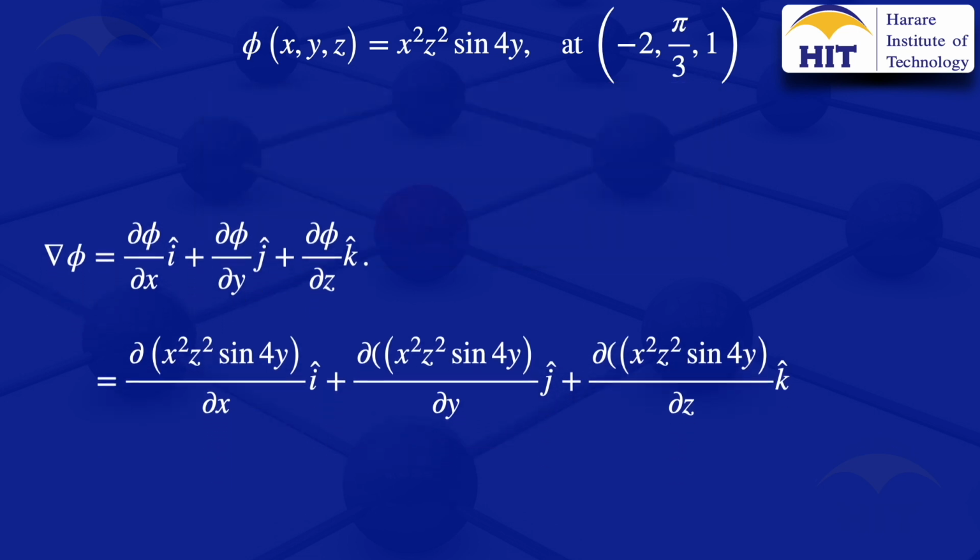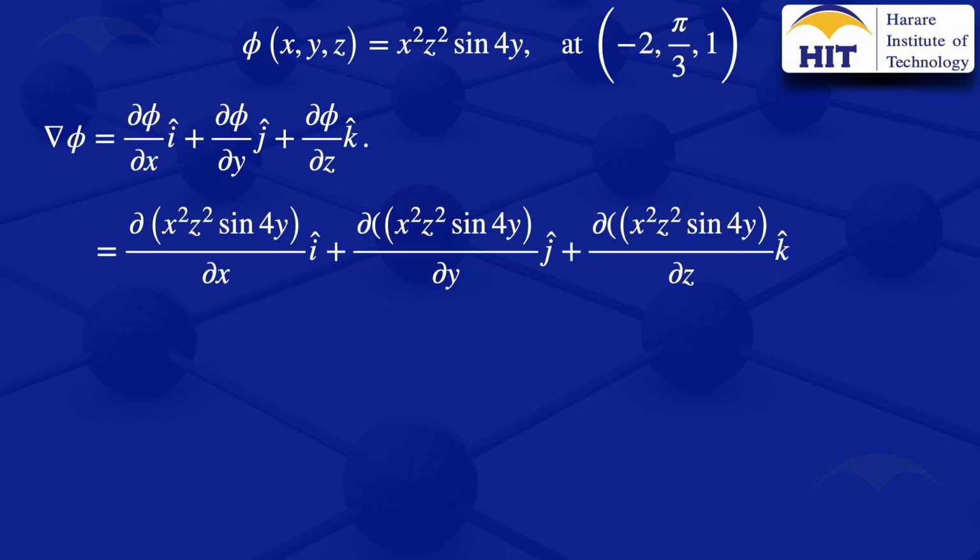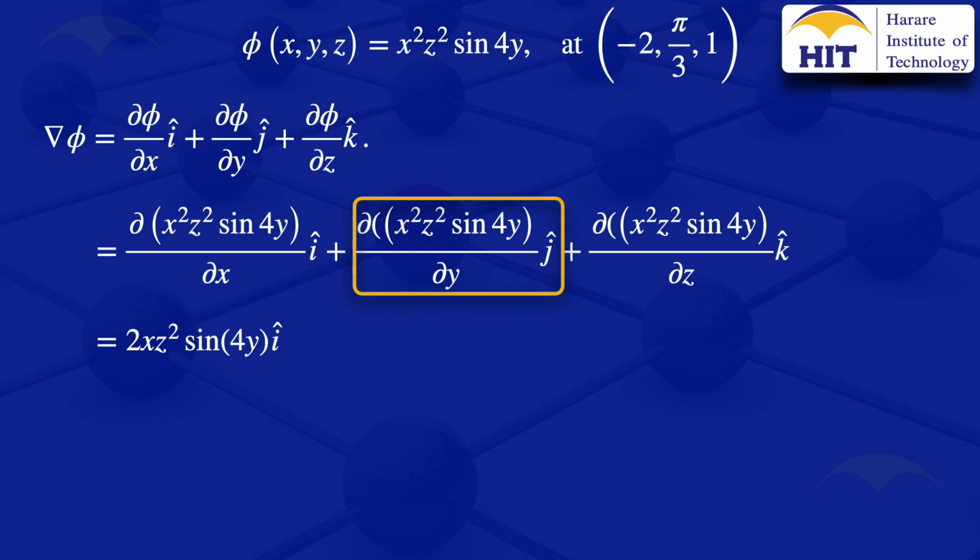So I will now go on and evaluate those partial derivatives, starting with this one here, differentiating with respect to x, treating y and z as if they are constants. If I differentiate there with respect to x, what I'll get is 2x z squared multiplied by sine of 4y i. I now move on to the next part, differentiating here with respect to y, treating x and z as if they are constants.